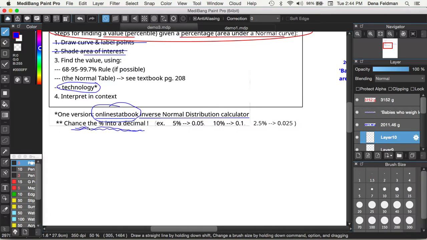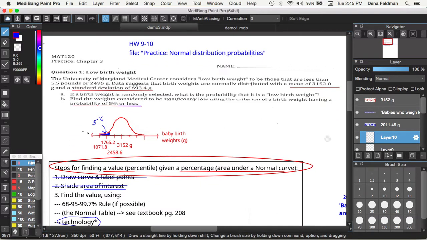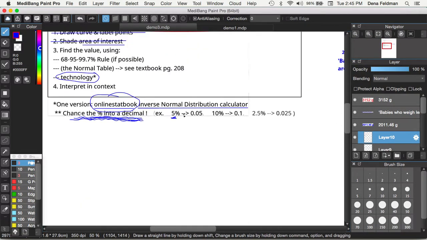I'm pretty sure with any inverse calculator, you have to input percentages as decimals, not as percentages. So to use 5% to represent the area of interest, we have to input not 5%, but 0.05, 5% as a decimal.